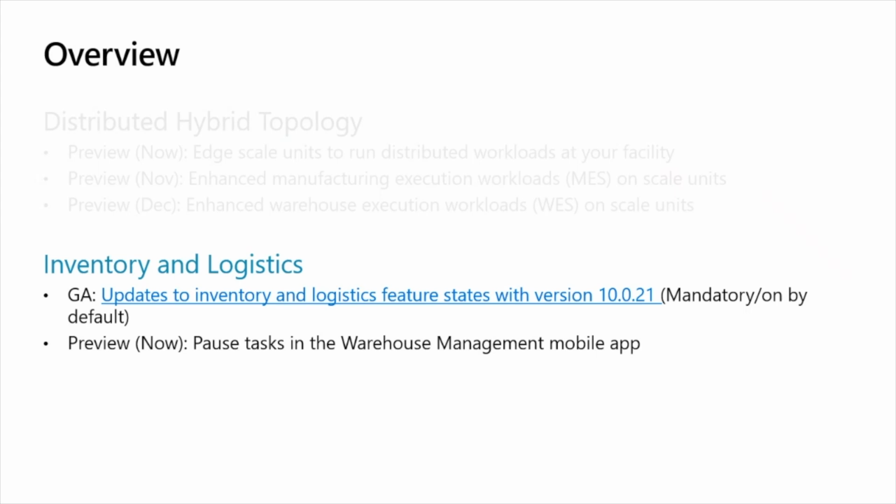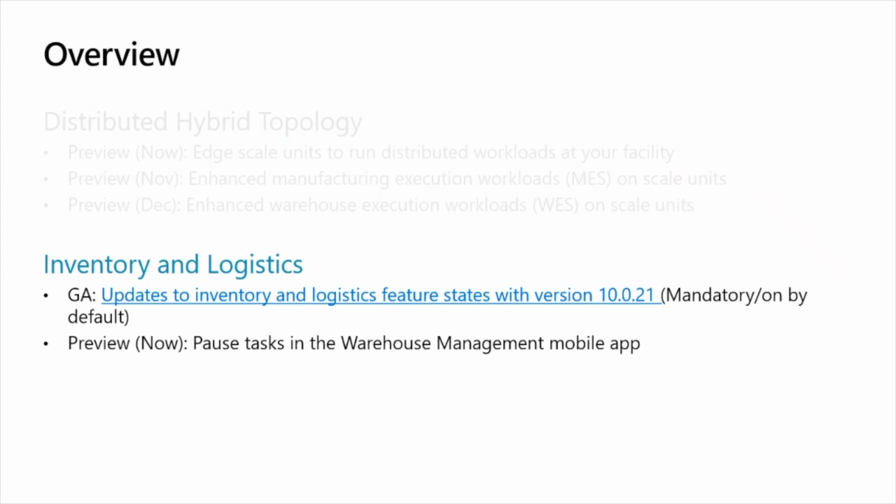If you've been working with Dynamics supply chain management for a while, you know that this is our design pattern, that our new features are behind that enablement in the feature management workspace. So these feature states, you'll see in the release notes, are going to tell you, starting with this version, which ones are either now mandatory or on by default.